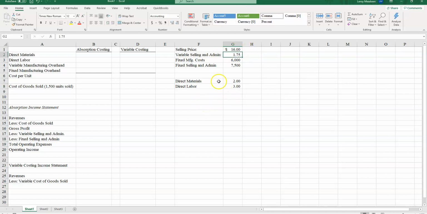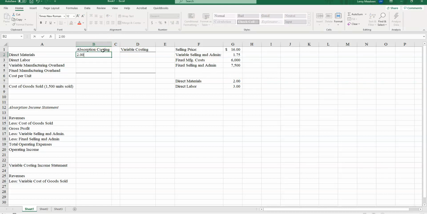So what am I going to do here? Let's take a look at the cost per unit using absorption costing and variable costing. Under absorption costing, I'm going to include in my cost per unit direct materials, direct labor, variable manufacturing overhead, and fixed manufacturing overhead on a per unit basis. So what is my direct material cost per unit? $2.